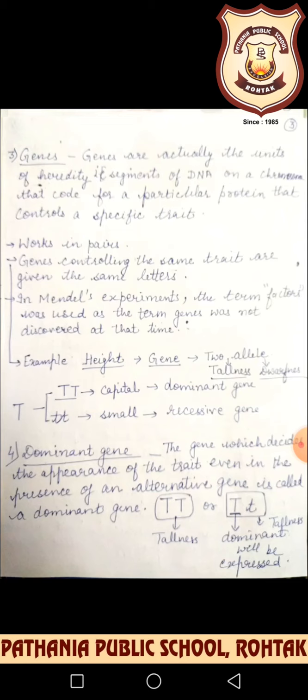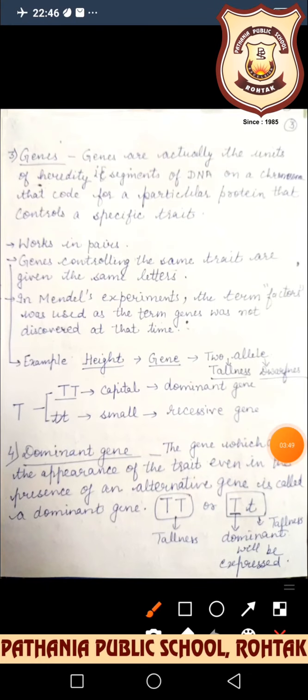When the gene gets transcribed into the protein, then its expression is justified. These genes always work in pairs. One of which is the dominant, the other one is the recessive.